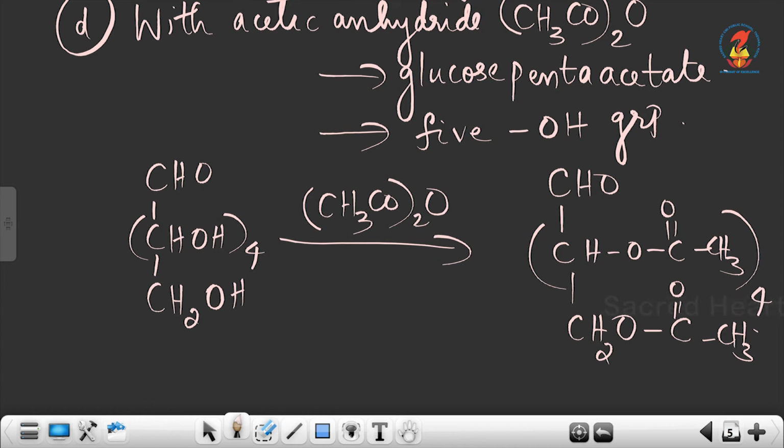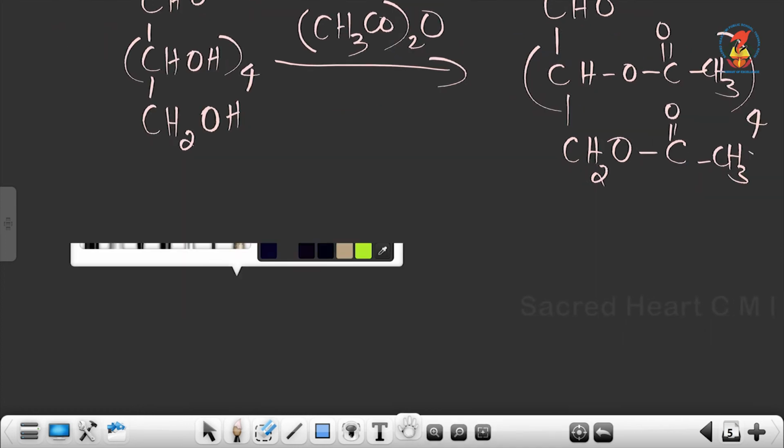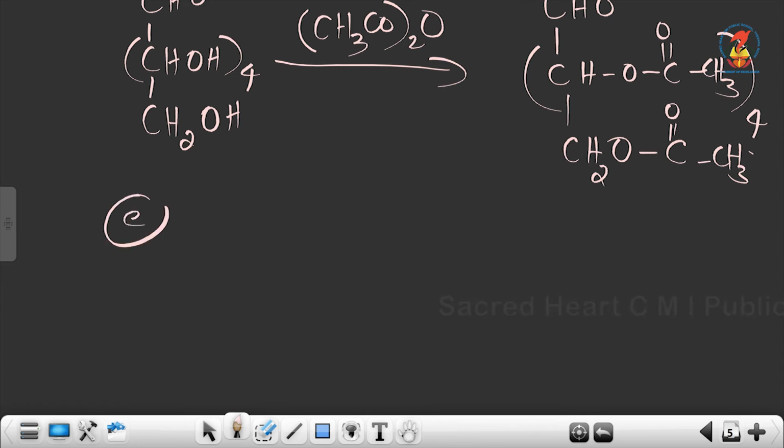Now, the last is E, the last reaction. Nitric acid is a strong oxidizing agent. On oxidation with nitric acid, glucose as well as gluconic acid both yield a dicarboxylic acid, that is saccharic acid.